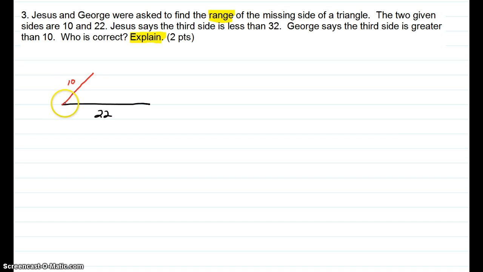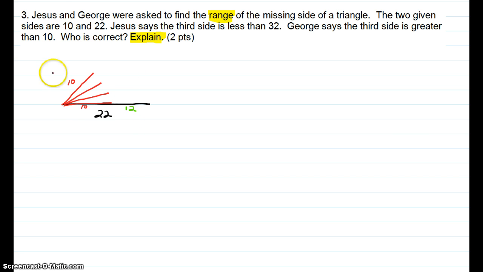And so what happens if I keep drawing this 10 until it gets as close as possible? If this is 10 and I were to put it right on top of the side that's 22, then that means this other side would have to be 12.